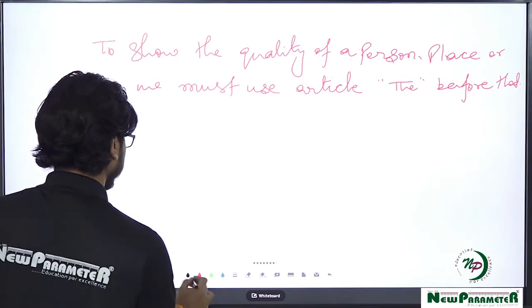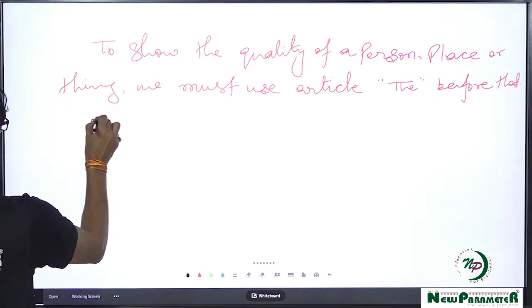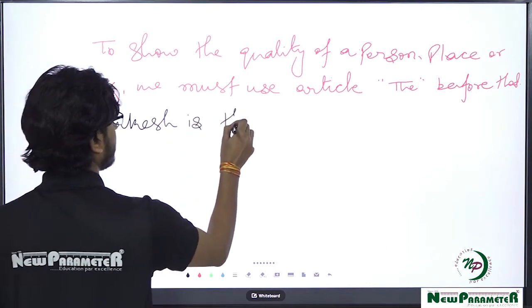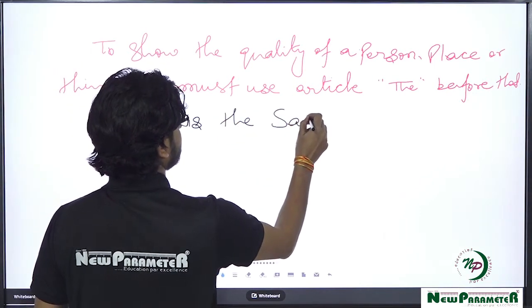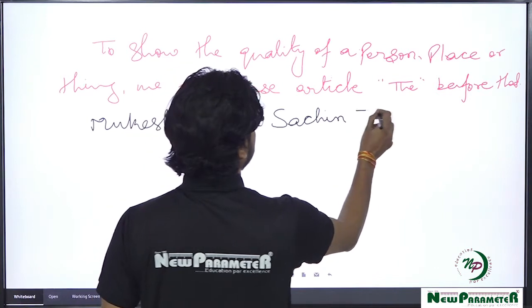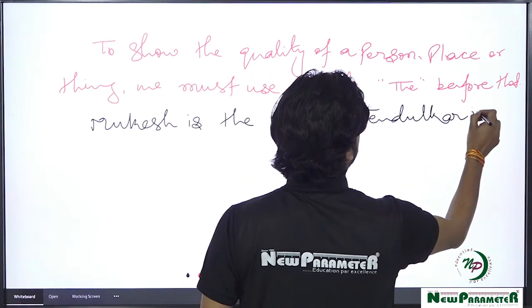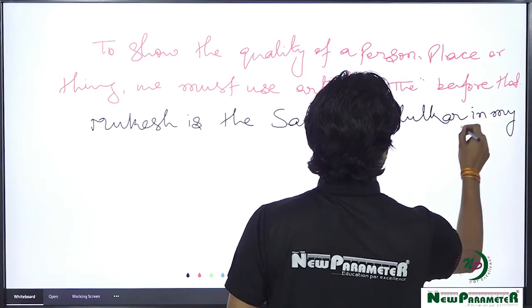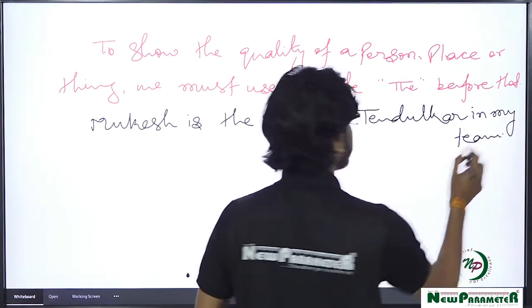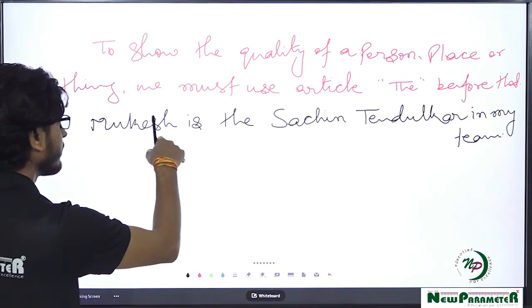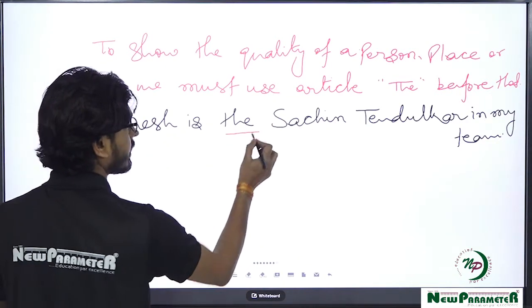For example, Mukesh is the Sachin Tendulkar in my team. Actually, he is not Sachin Tendulkar, but the quality of Sachin Tendulkar is in Mukesh. That's why we have used article the.